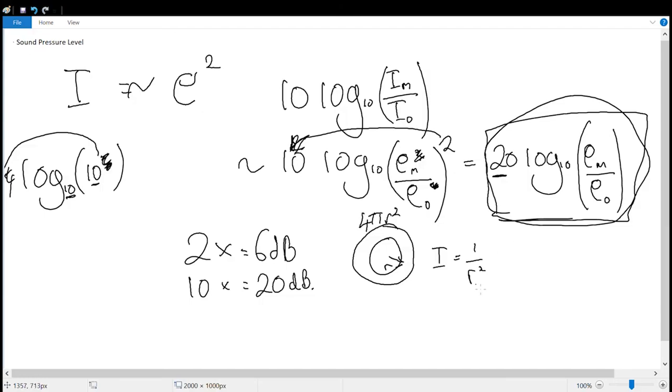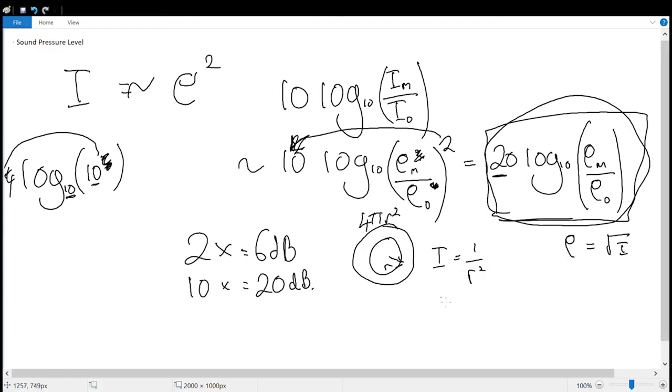Now, we know that intensity is related to the pressure. So we could say that the pressure is related to the square root of the intensity, if the intensity is related to the pressure squared.